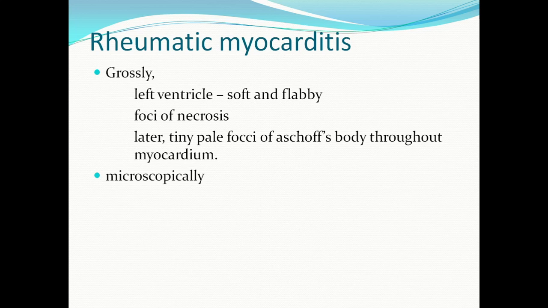There will be lots of foci of necrosis in the form of fibrinoid necrosis, later tiny pale foci of Aschoff bodies throughout the myocardium, and microscopically you can see the Aschoff body, and you are very well aware of this Aschoff body, right? So in rheumatic myocarditis, the keywords are the left ventricle, soft and flabby, and throughout the myocardium you can see the Aschoff body.